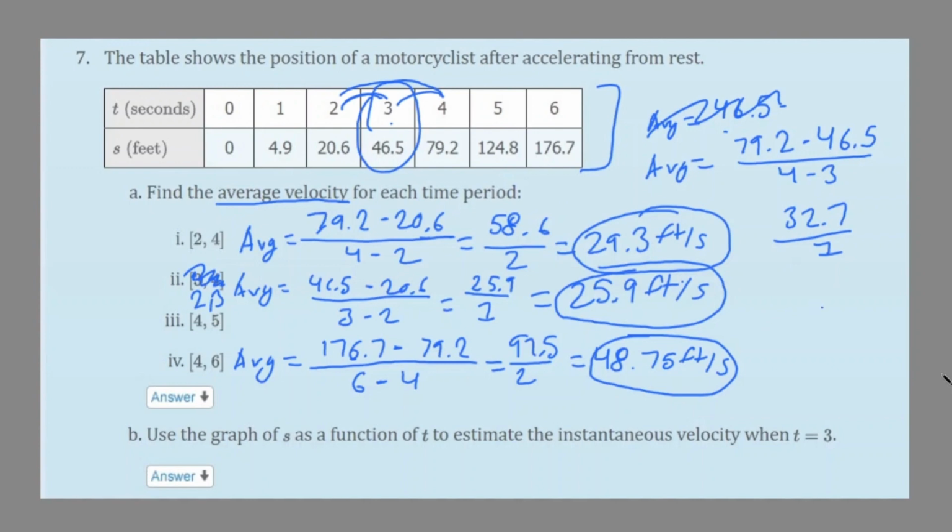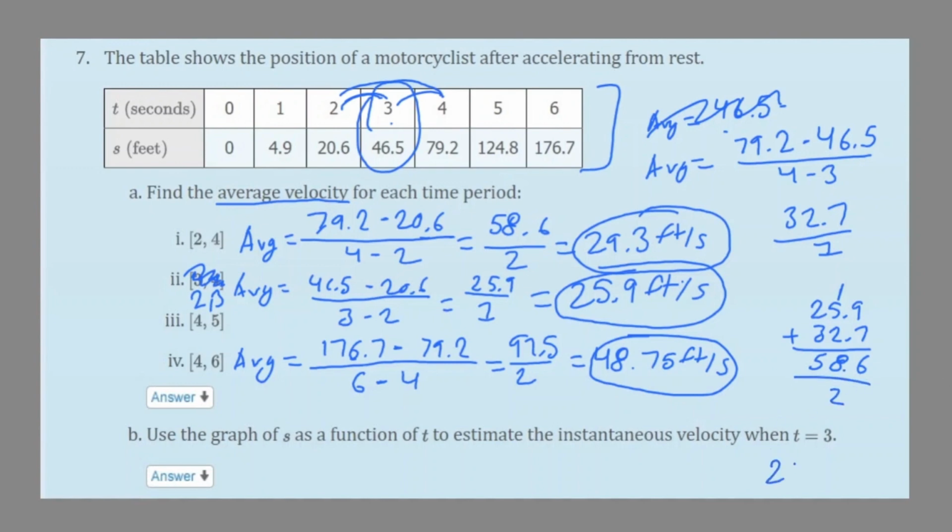So if we grab 25.9 and then 32.7 and we add it together, we would get 58.6, which we have to divide by 2.